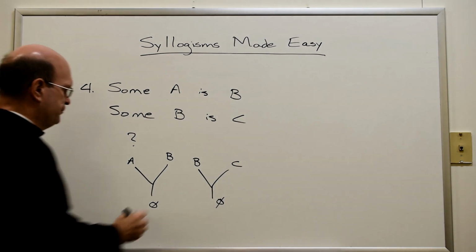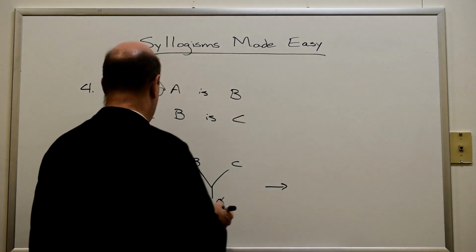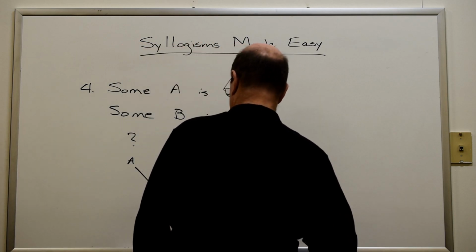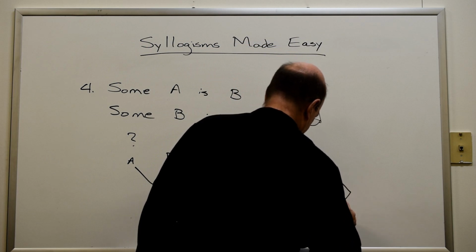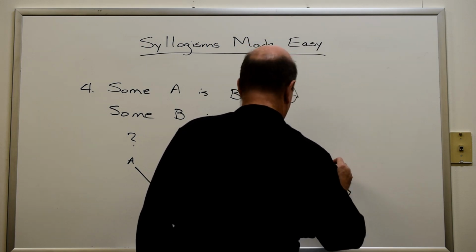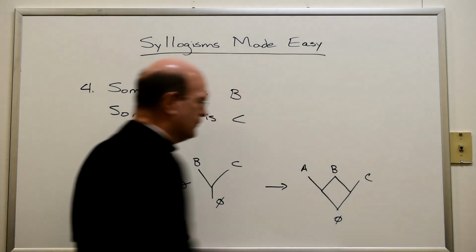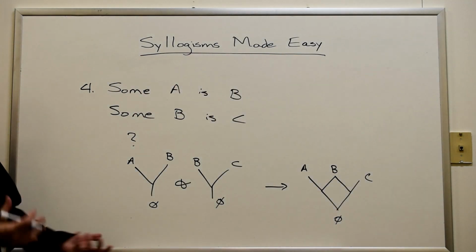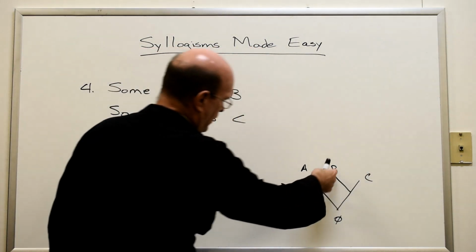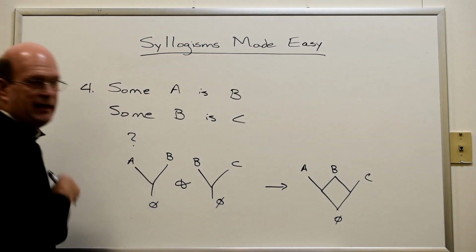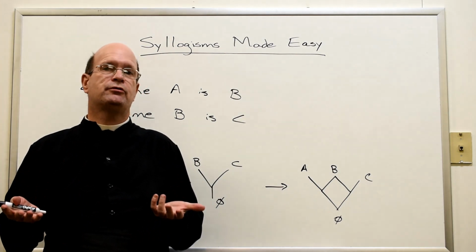Well, now, I can put those together so they are consistent, and I get something like this. So that is a consistent model. You can see that that includes this diagram right here, and this part includes this diagram right here. So this is a model where both of those assumptions are true.